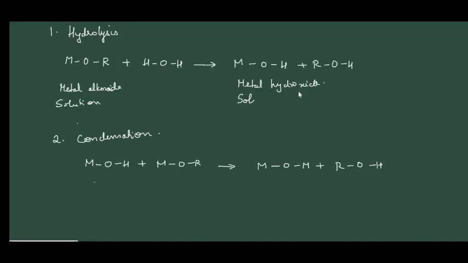Now this is the sol, metal hydroxide, this is the sol, and when it forms a cross-linked inorganic polymer, this gets converted into a gel. Now third step is the removal of the solvent. The solvent has to be removed from the gel so that we get the nanoparticle separated.